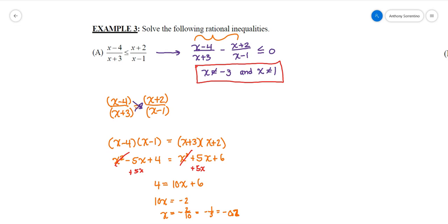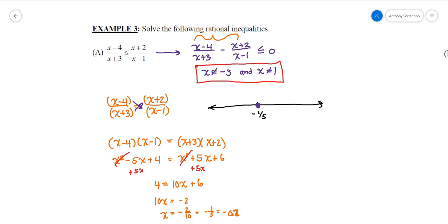So when I go back to my inequality, negative 1/5 or negative 0.2 is a solution. It's a solution that's going to make the left-hand side equal to 0, and I'm allowing that to happen, so it's going to be a closed dot.